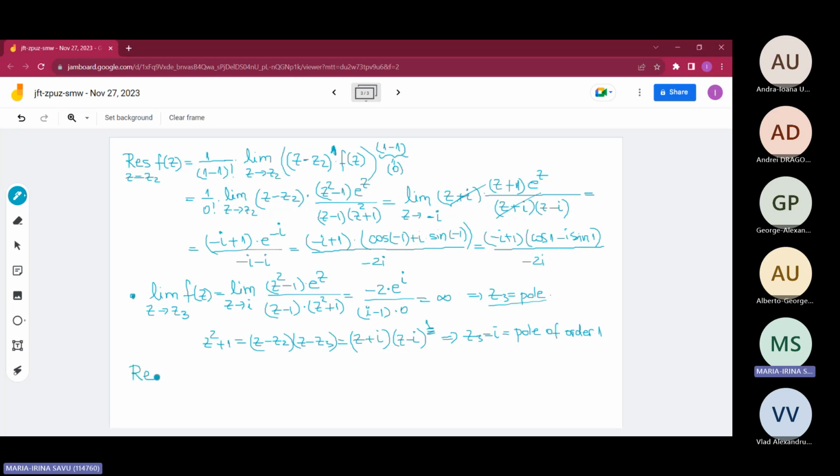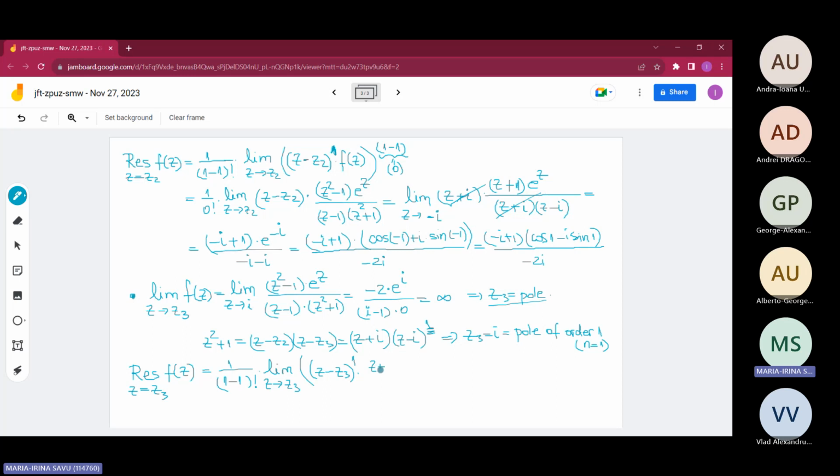Okay, so I want to find the residue of the function f of z when z equals z3, which is the limit of z minus z3 to the power n, which is 1. So n is 1, times f of z, but in function f of z, I will write this expression.